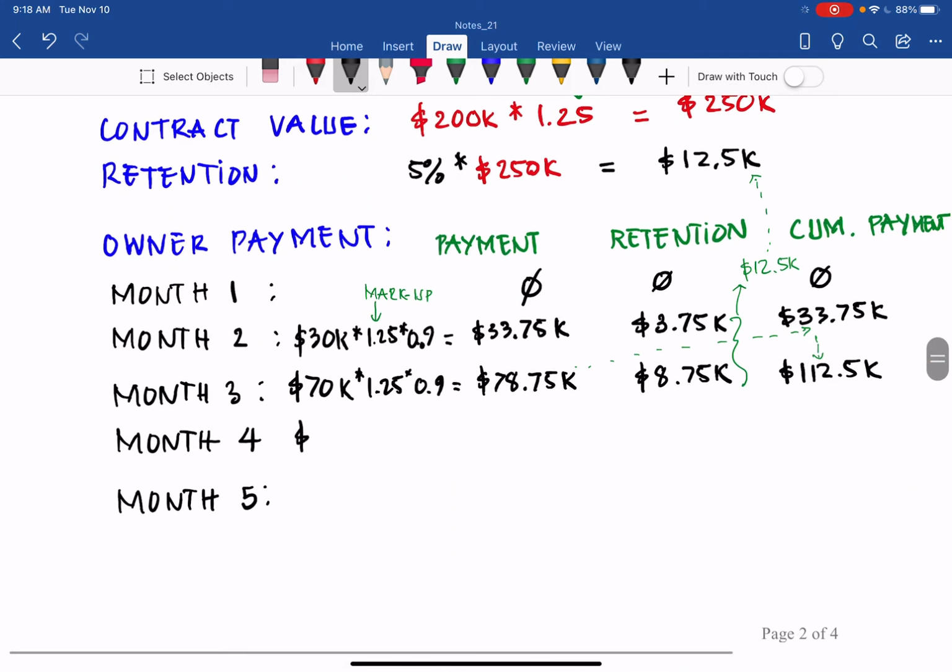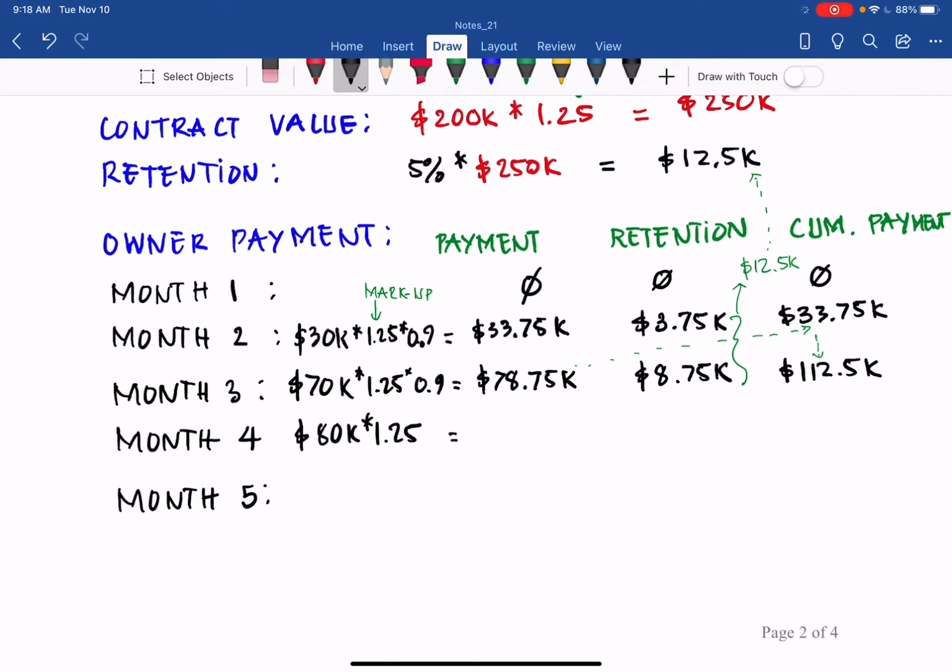So you have 80,000 times the markup, and since it already reached the maximum retainage amount of 12,500, you don't have to apply the 0.9. You only have to pay the whole thing, which is 100,000.